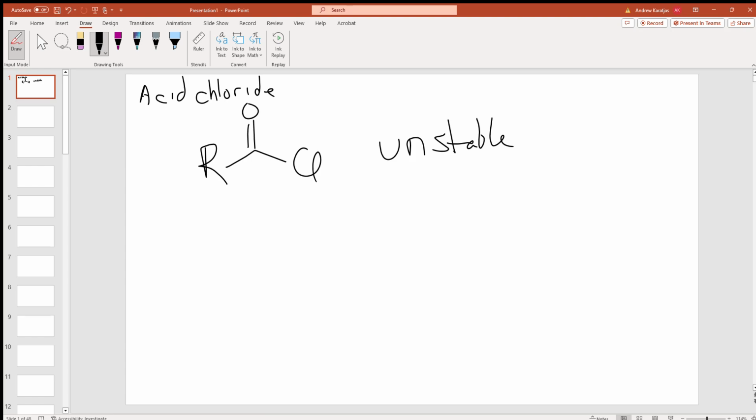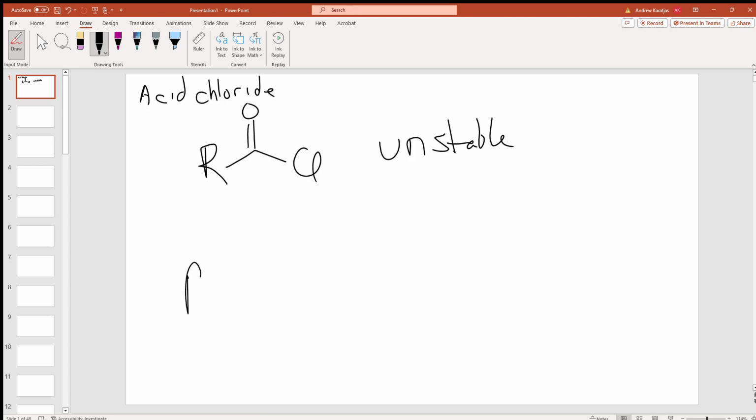We don't find acid chlorides naturally. They're too reactive. They're purely used in organic synthesis. But fortunately not terribly difficult to make. And as we said, should you need one, relatively easy to synthesize and then use.